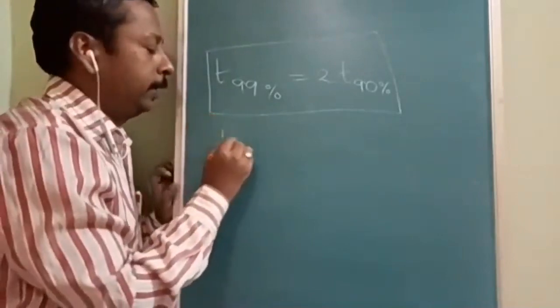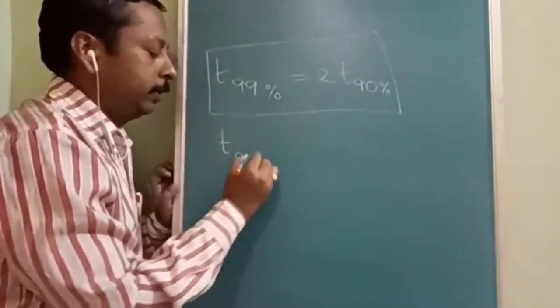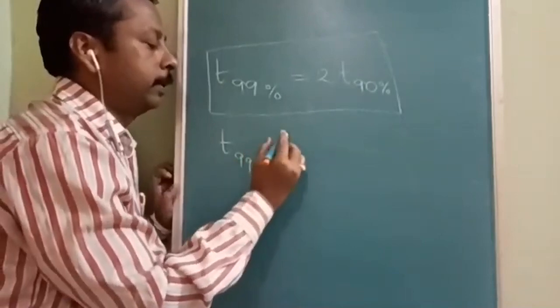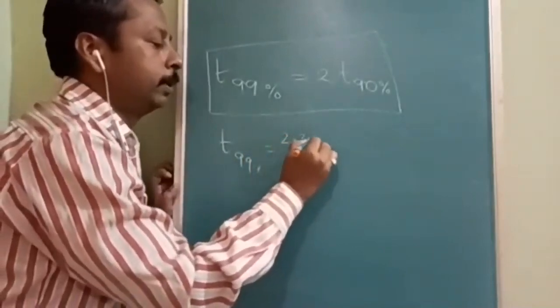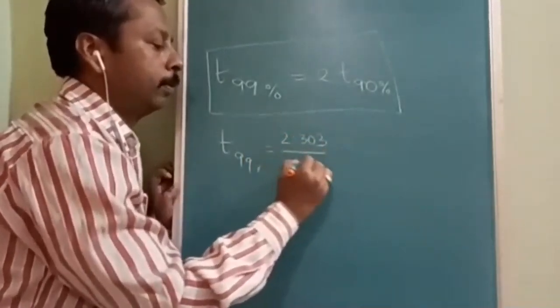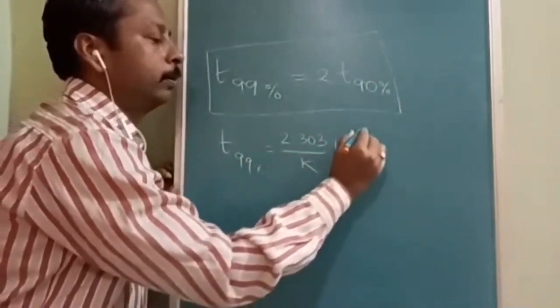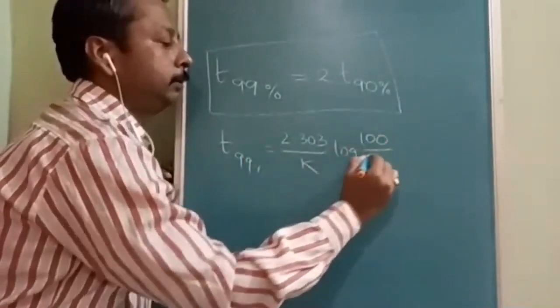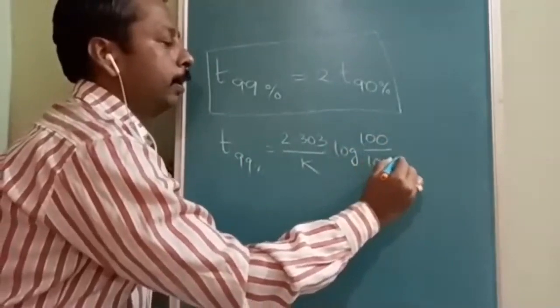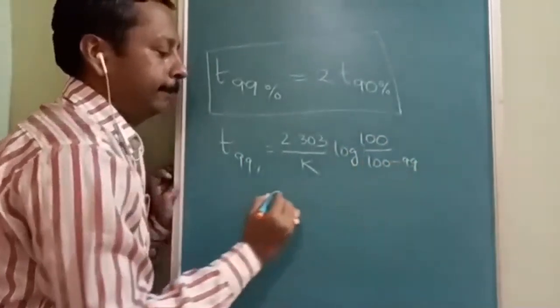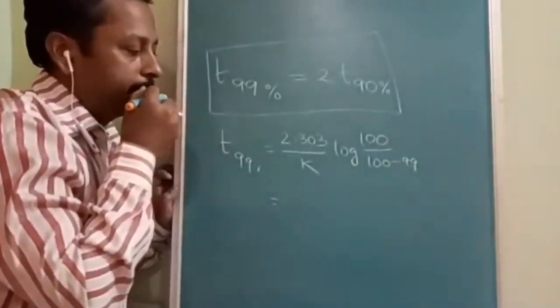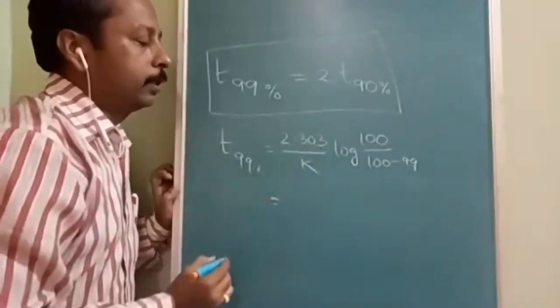So T99%, what is it equal to? T99% is equal to 2.303 upon K into log, what should we take here? 100 divided by 100 minus 99. Okay, 100 minus what? 99. Is it understood?